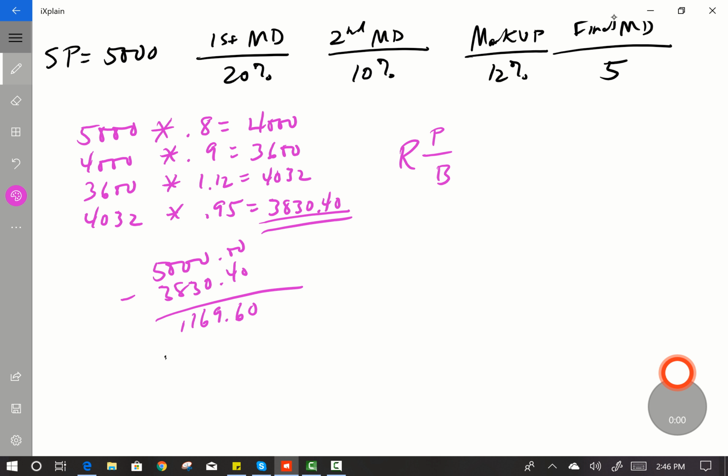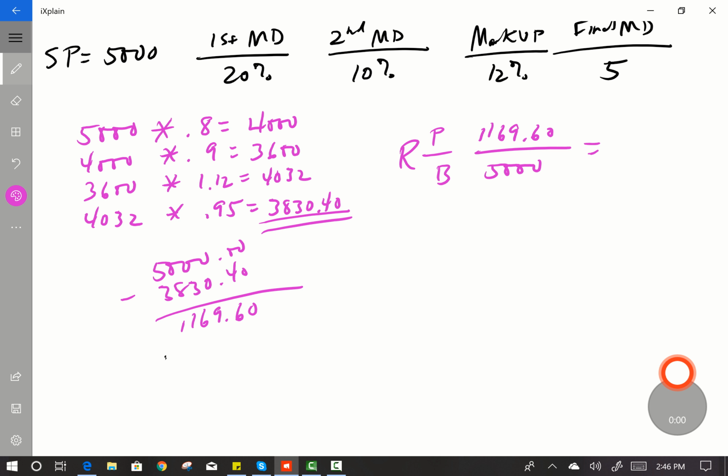So I'm going to make that the part, 1,169.60, and then divide that by the original base of $5,000, and that will equal the percent of all of your final markdowns and markups. So rate is equal to part divided by base.